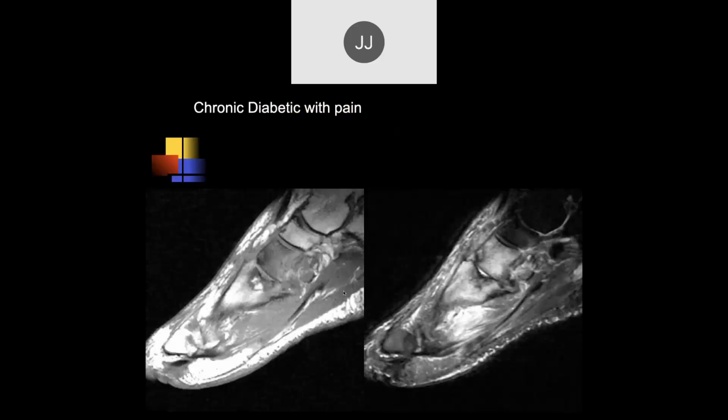A patient with diabetes with chronic pain. There's bone edema surrounding that TMT joint with degenerative change, and edema in the plantar muscles.